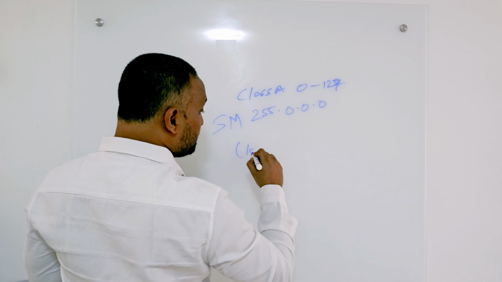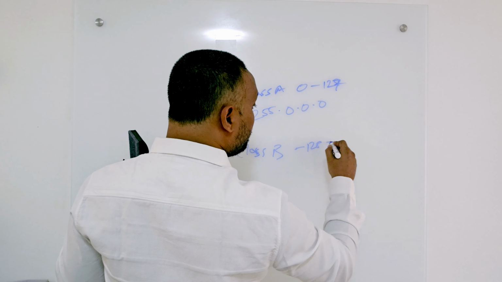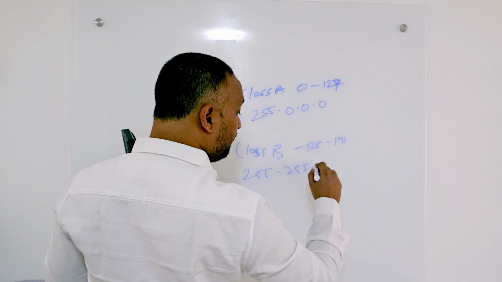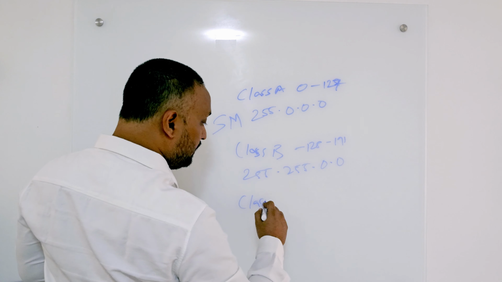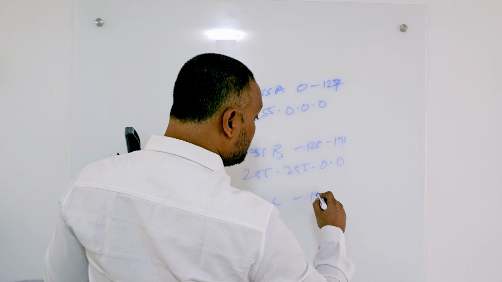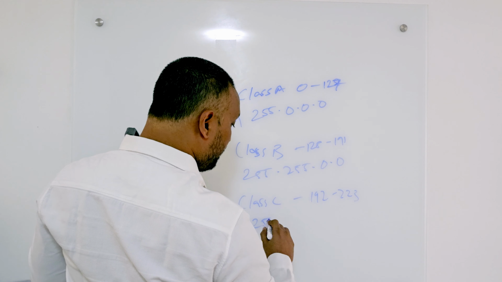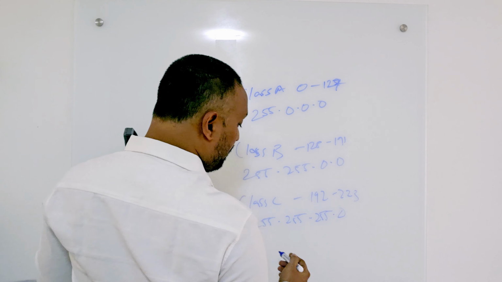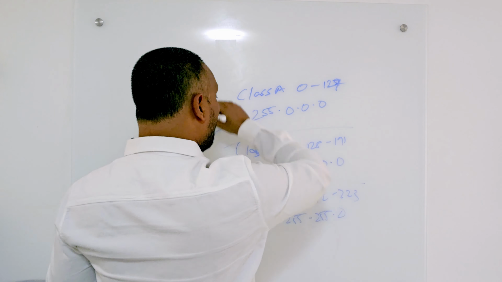And then for class B, it will be 128 to 191, and the subnet mask will be 255.255.0.0. And then for class C, it will be 192 to 223. The subnet mask will be 255.255.255.0.